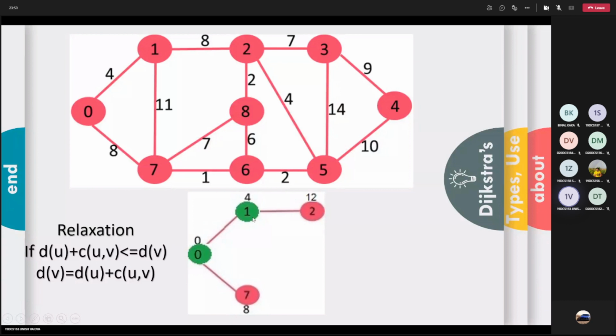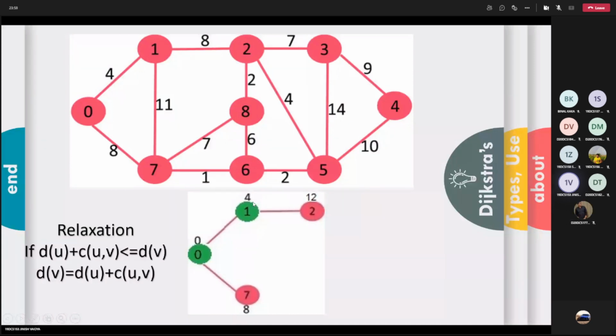Now we find the distance from 1 to the vertices directly connected to it. Here the directly connected vertices are 2 and 7. If we apply du, the distance till 1, which is 4, plus c(uv), the cost between 1 and 2, which is 8, then 4 plus 8 is 12.